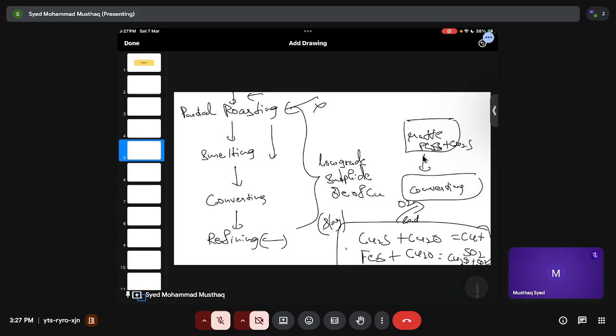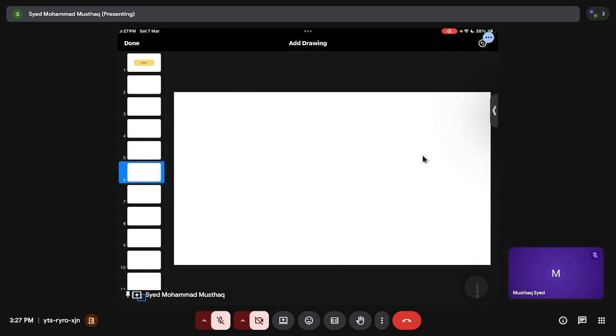Now coming back, we have discussed a lot of copper smelting. What are the different types of molten layers that can be formed? I mean the immiscible molten layers. Let's take lead as an example.